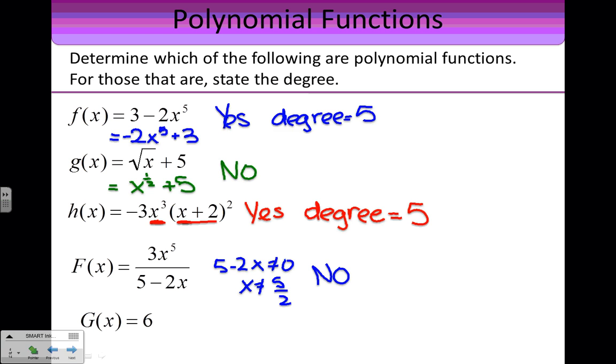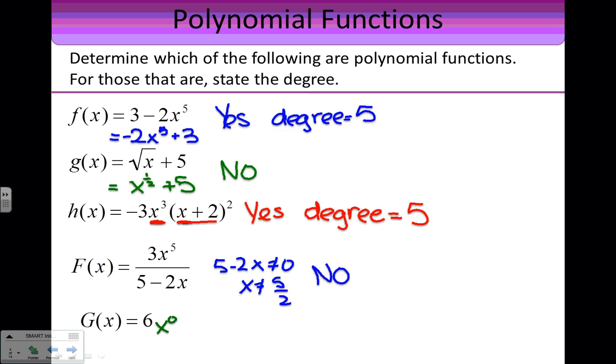Last one, g of x is equal to 6. Questions, real number coefficients? Yes, 6 is our only coefficient and it's real. Do we have positive integer exponents? Yes. The exponent in this function is x to the 0.